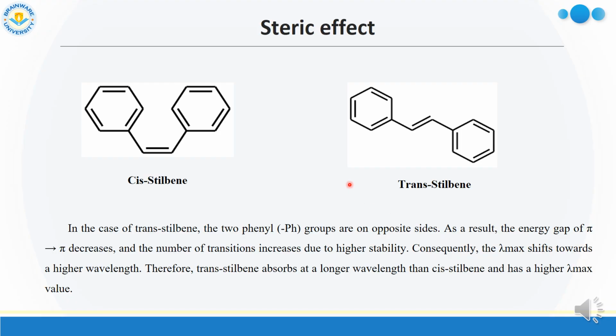Now, steric effect. Suppose cis-stilbene and trans-stilbene. In the cis form, two phenyl groups are on the same side. So there may be some steric hindrance, and due to the steric effect, the energy of the system will increase, and as the energy of the system increases, lambda max will decrease. So trans-stilbene has lower energy than cis-stilbene because it is more stable.